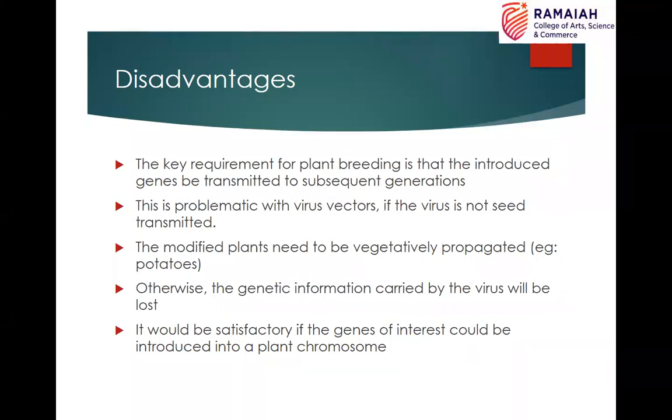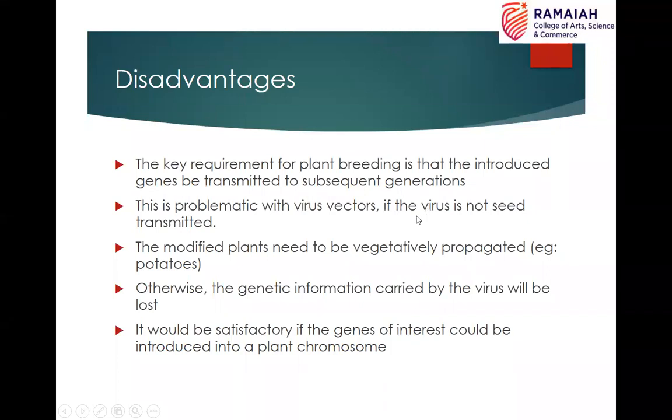The disadvantages would be, as we all know, the key requirement for plant breeding is that whatever genes we are introducing needs to be transmitted to the subsequent generations. This becomes difficult when you use this virus vector if the virus is not seed transmitted.